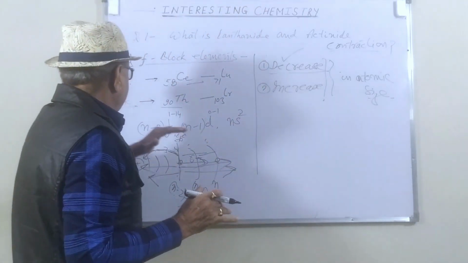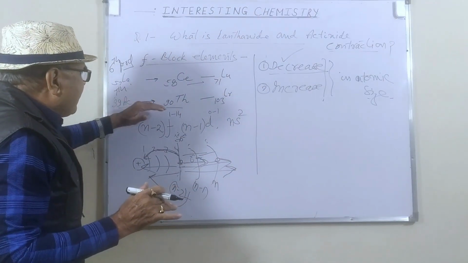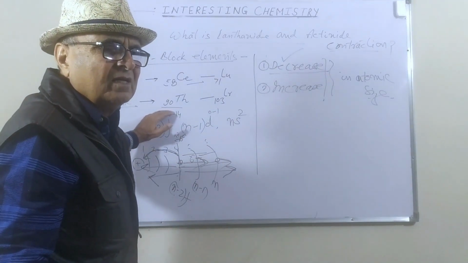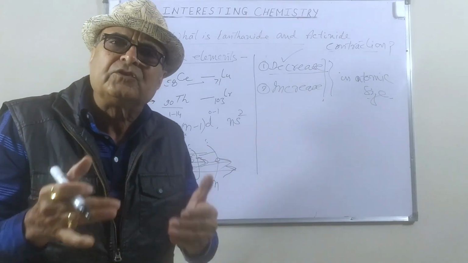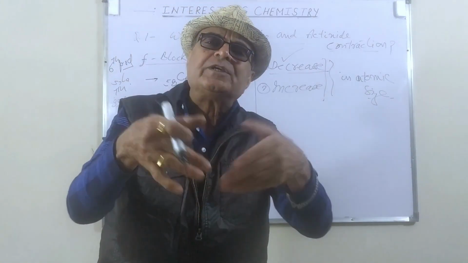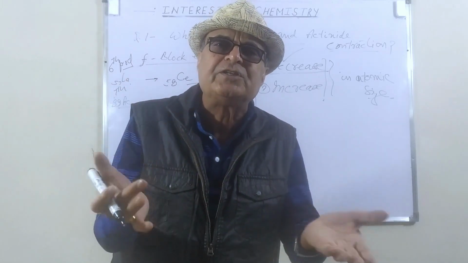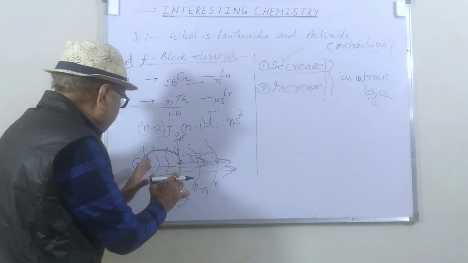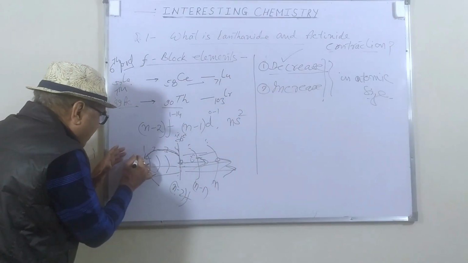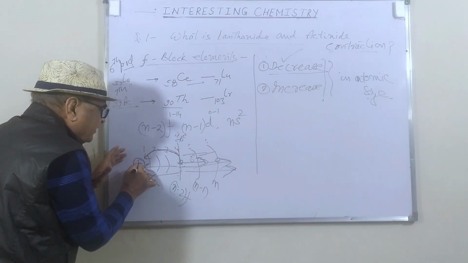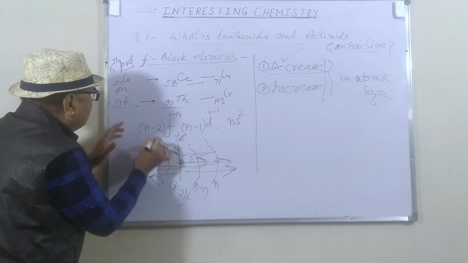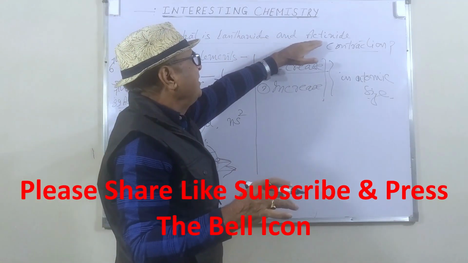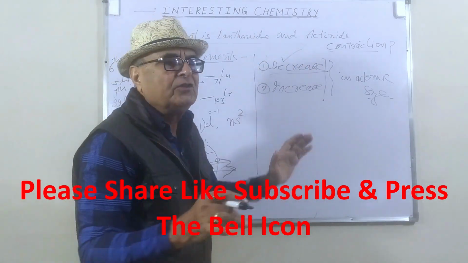Because in the actinides, as the atomic number increases, the charge of the nucleus increases due to the increasing number of protons. So when the charge of the nucleus increases, this contraction will be more in actinides. So the contraction in the actinides is more than lanthanides.